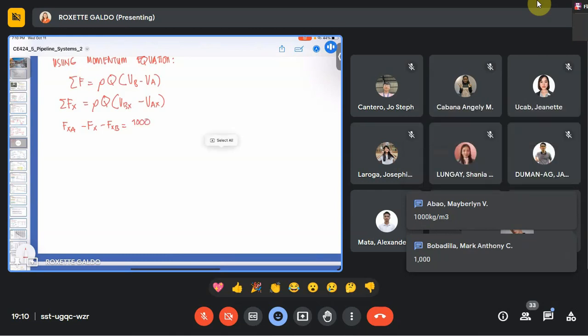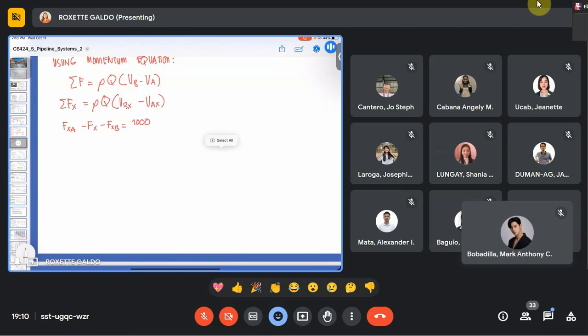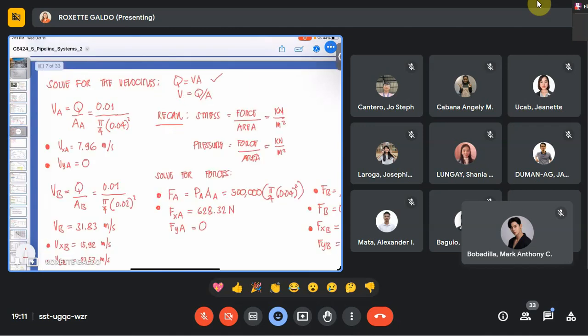However, if the water is at 20 degrees, unless otherwise specified in the problem, then we have to use 998 kilograms per cubic meter. But it is not specified, so let us assume 1,000 kilograms per cubic meter for the density of water. Times the Q, what is the Q? 0.01. Now, VBX and VAX, let us check. VXB is 15.92 and VXA is 7.96.